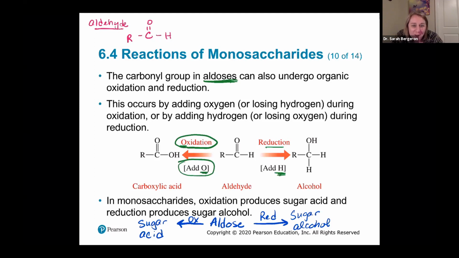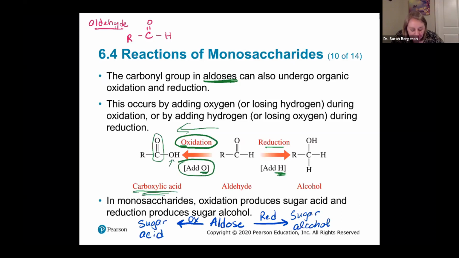is add oxygen. Okay? So if we have an aldehyde and when it undergoes oxidation, so we're going in this direction, what you're going to form is a carboxylic acid. So you remember your carboxylic acid is that carbonyl group right here bound to an alcohol, and we call that a carboxylic acid.